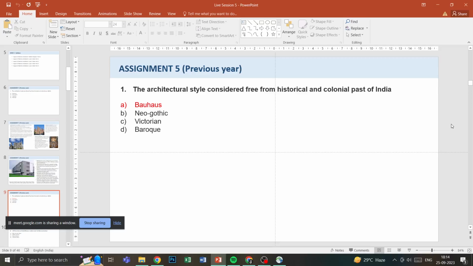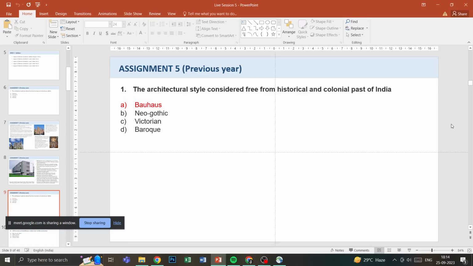Till India got its independence, all of the architecture was influenced by the Britishers who were ruling our country at that time, and whatever styles were happening in Europe and then moving on to America were being brought down to India.